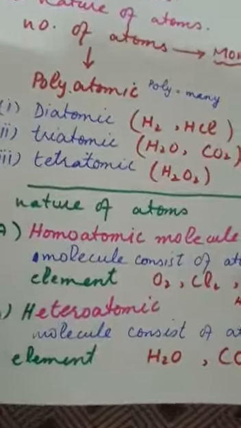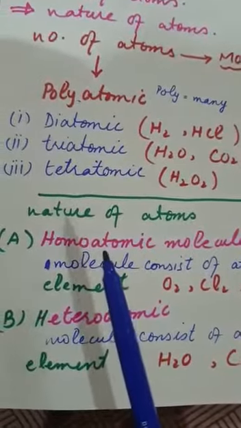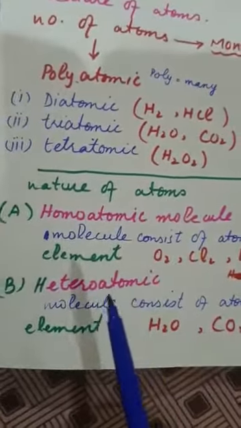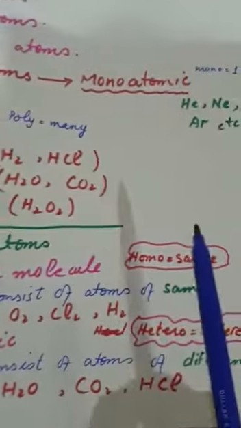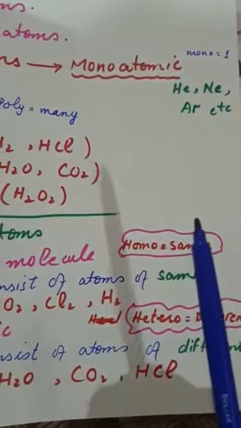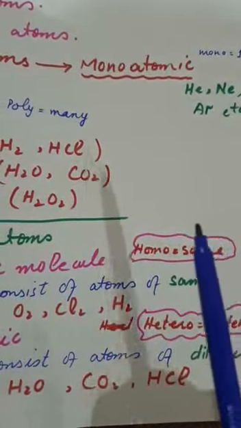On the basis of the nature of the atoms, the molecules are classified into 2 main classes: homoatomic molecule and heteroatomic molecule. The word homo means same. That is, in this situation you will notice that the same type or kind of atoms are present.